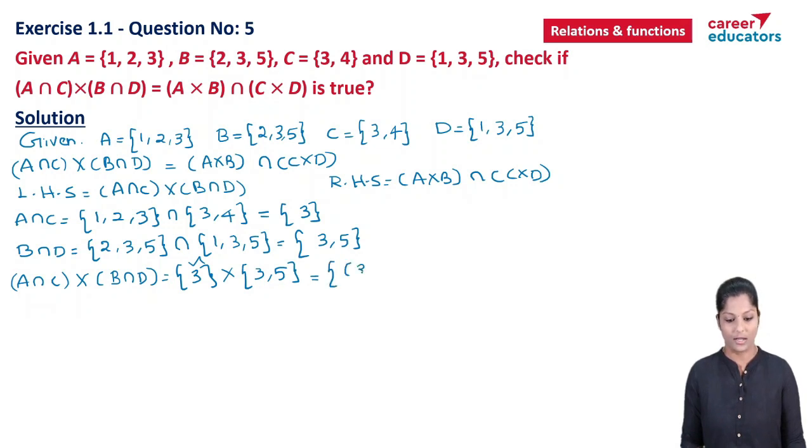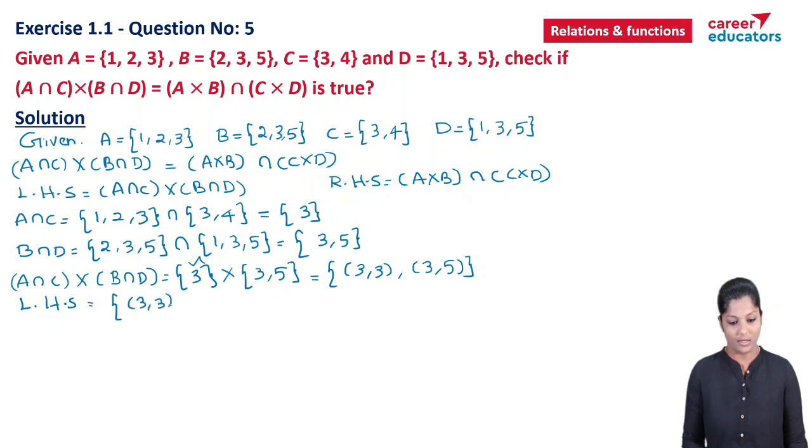We will get (3, 3) and (3, 5). Now we got LHS. LHS equal to (3, 3) and (3, 5). We'll mark this as 1.